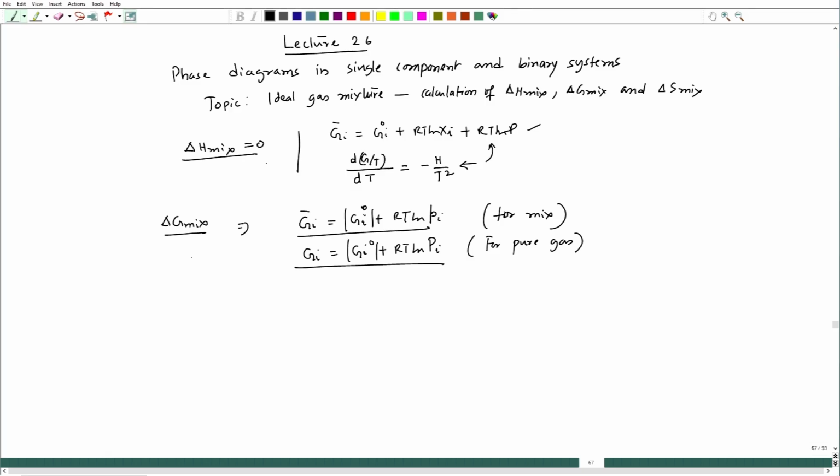Now, when we try to find out, and remember this is closed system, and here what we are doing, we are fixing temperature. So, that means at a particular temperature we are trying to find out what is the mixing free energy before and after mixing, okay, that is the change. And of course, when we do that, we try to calculate free energy change, which is basically G2 minus G1.